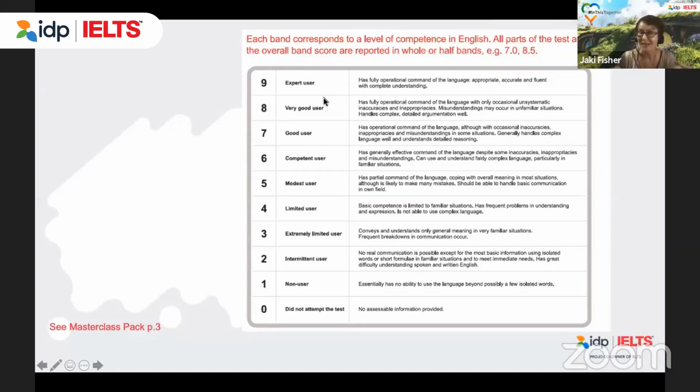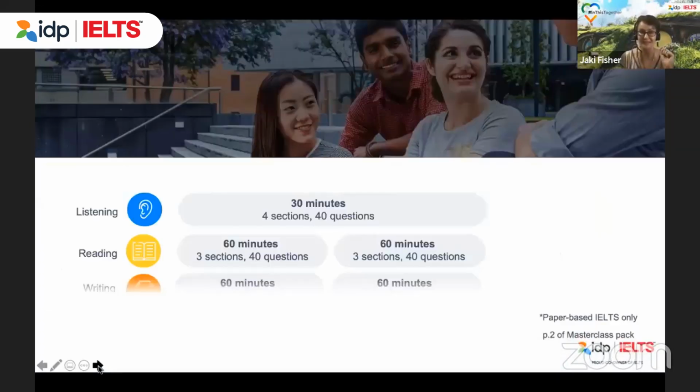Yeah, and so 9 is an expert. It's kind of hard to get a 9. You have to be an expert. But most countries or universities, they don't need 9. Often they need 7 or 6.5, sometimes a bit higher. Yeah, so it's important to know what band score you need. And this is explained on page 3 of your masterclass.